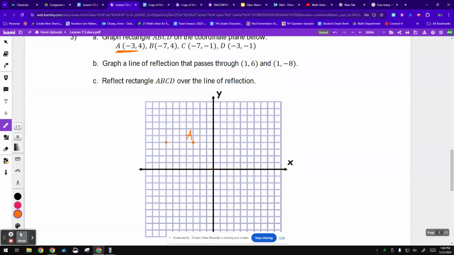There is B. We're just plotting points, that's it. -7, -1. And -3, -1. When we're doing any type of graphing, we do want to use straight lines. So we're going to have to get some straight edges. Did it say to connect it?